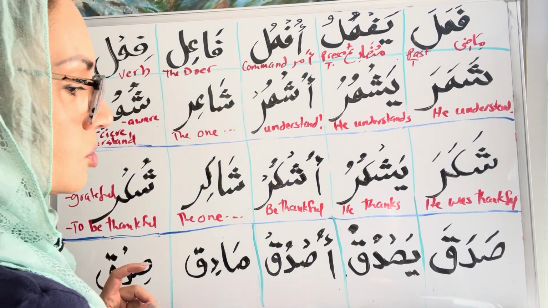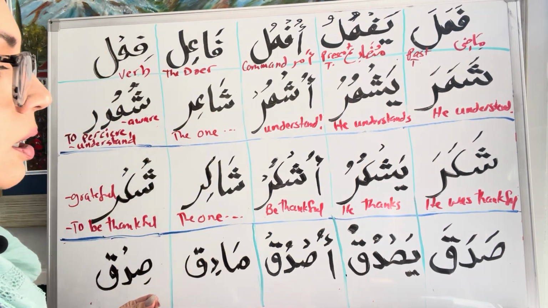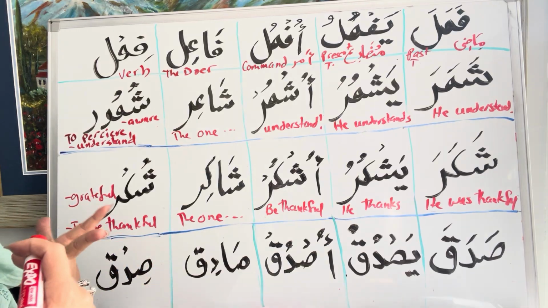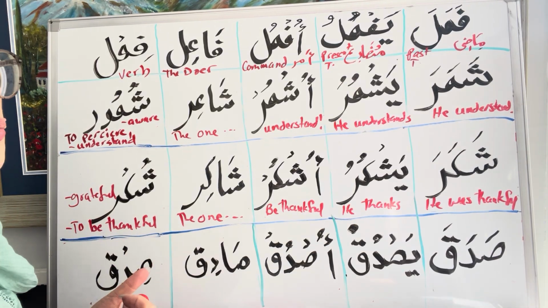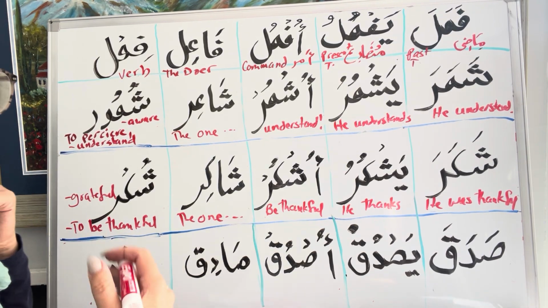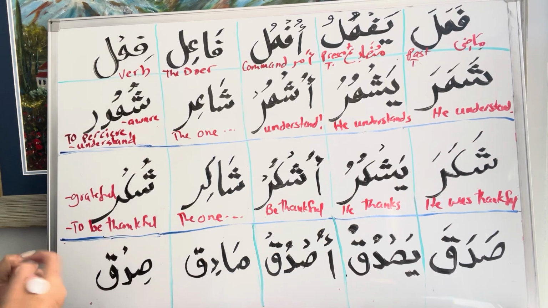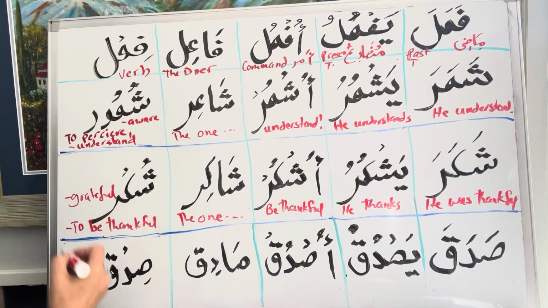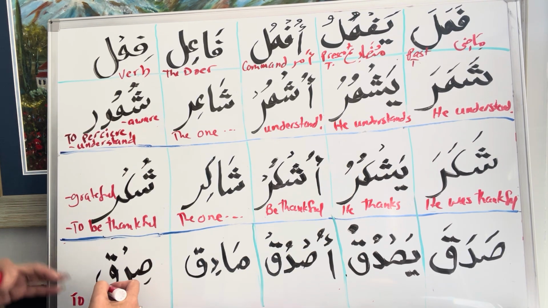Now sidq means to be true, to be truthful, to always speak the truth, trustworthy. Again, many meanings here, but just for our purposes, we just stick with the basic: to be truthful.